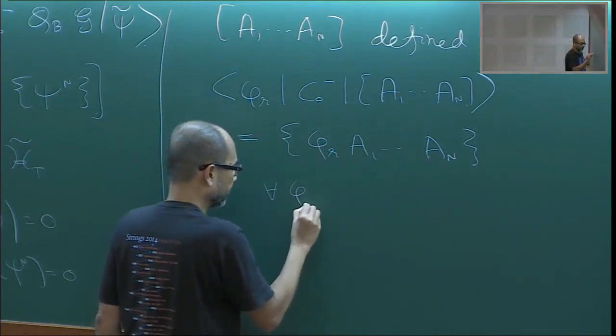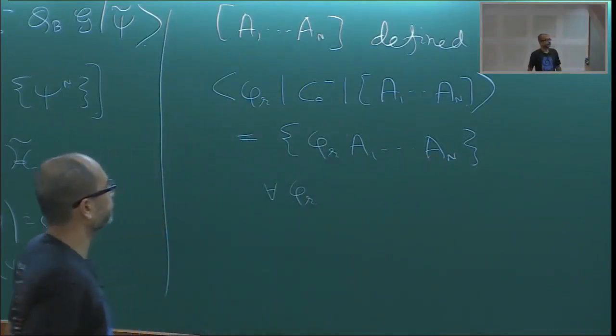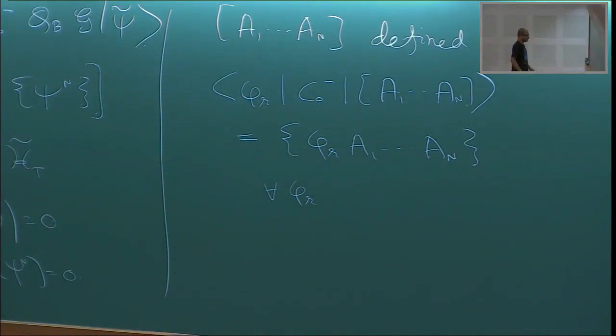For every phi r. Okay, so this basically defines the state. So these are the two equations of motion that you get by varying this 1PI action.